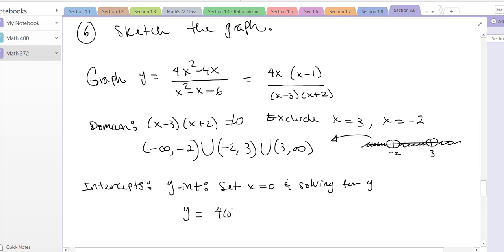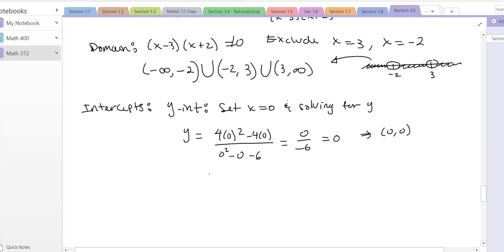So I'm going to have 4 times 0 squared minus 4 times 0. So the whole numerator is 0 over, and the denominator really doesn't matter. I just want to make sure that I don't get 0 over 0, because that would be a problem. So I get 0 over negative 6, which is 0. So our y-intercept is (0, 0), which means 0 is also an x-intercept.